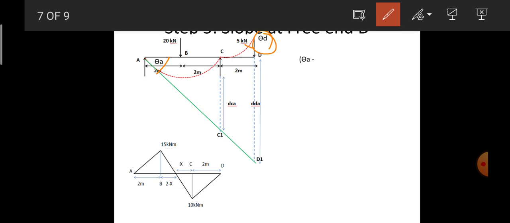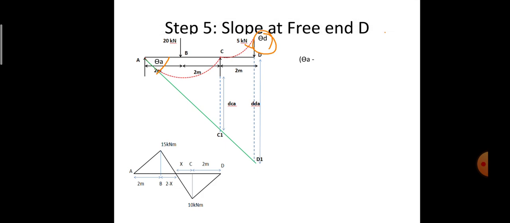By making use of the moment area first theorem, so we have two theorems in the moment area method. The first theorem is for slope calculation, and the second is for the calculation of deflection. So I make use of theorem 1 here for calculation of the slope at the free end.